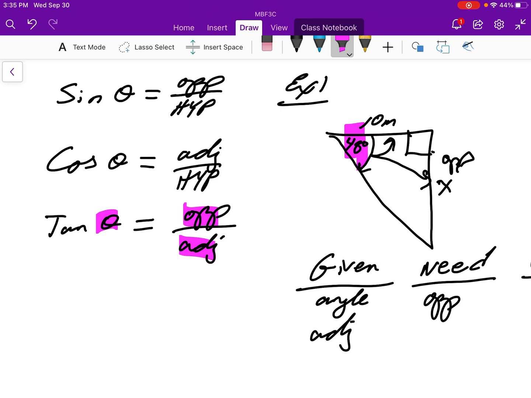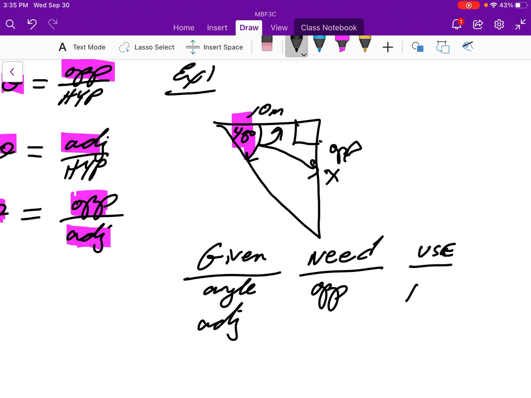Sine has an angle and opposite, but we don't have hypotenuse. Cos has an angle and adjacent, but again, we're not looking for hypotenuse. Tan is the only one where we have all three listed, so that's what we're going to use, the tan of the angle, tan theta.